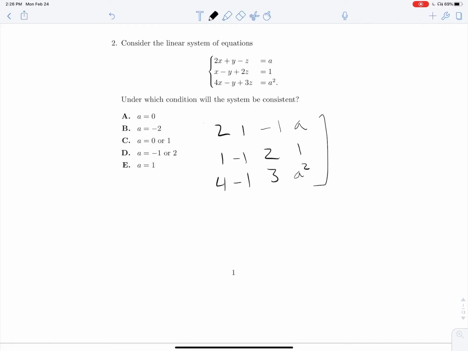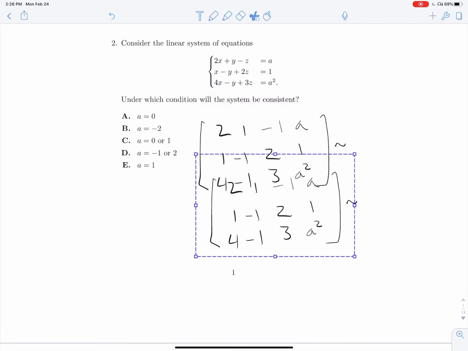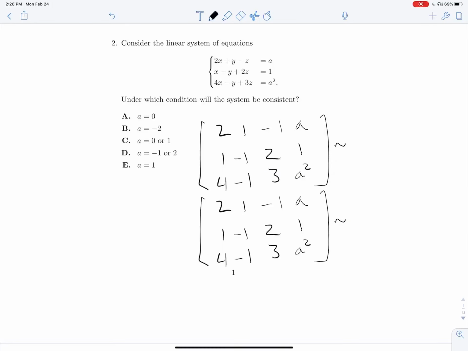Let's see what we can do with this. Okay, let's subtract 2 row 1s from row 2. That's going to give us 0, -3, 5, and a squared minus 2a.